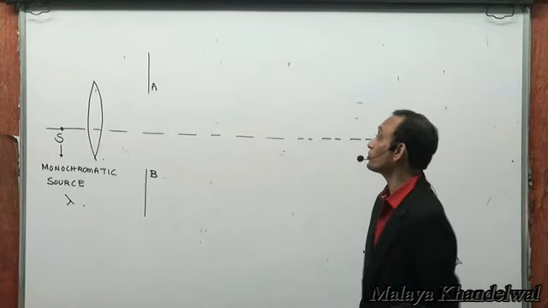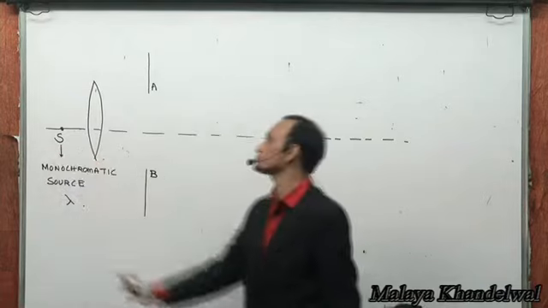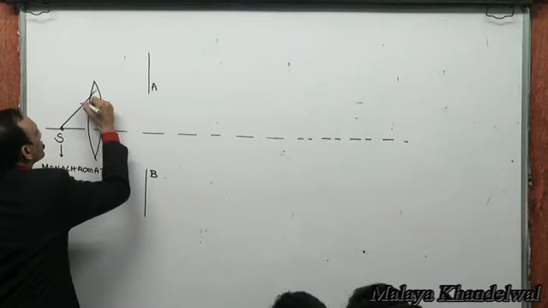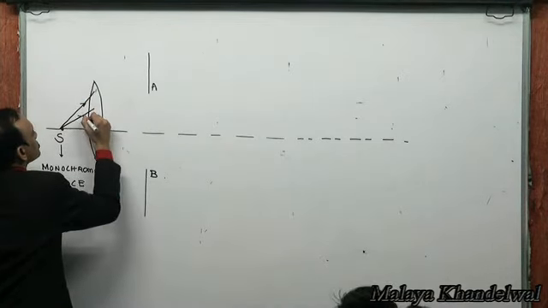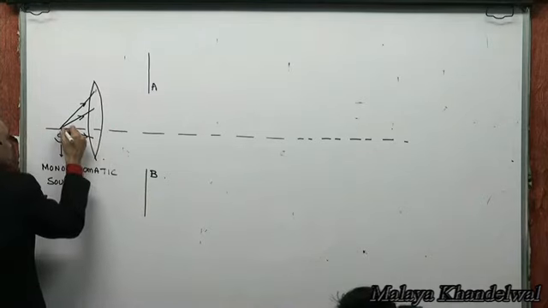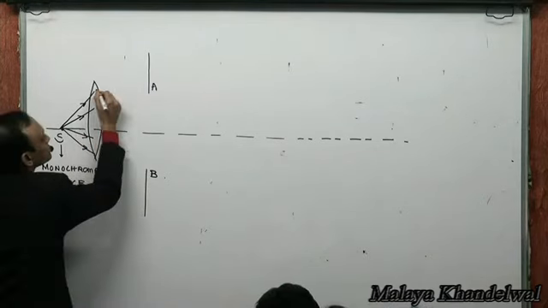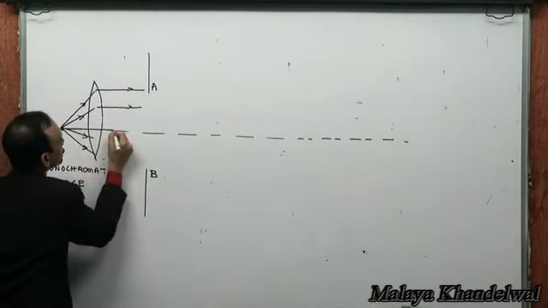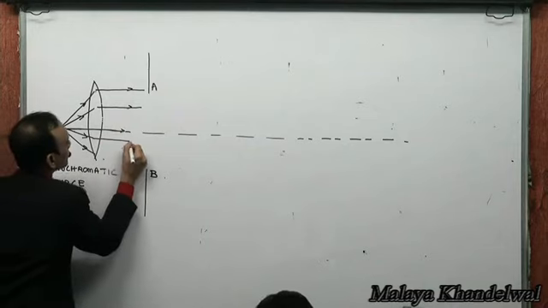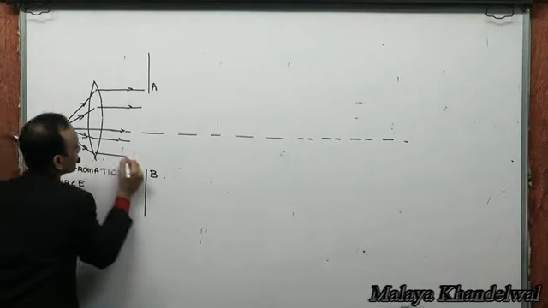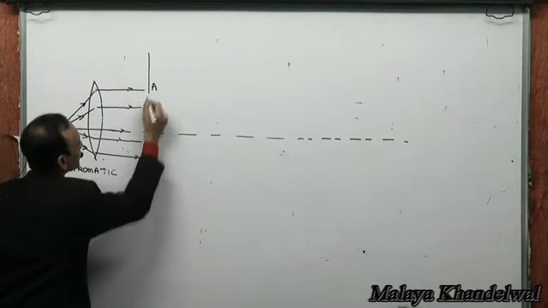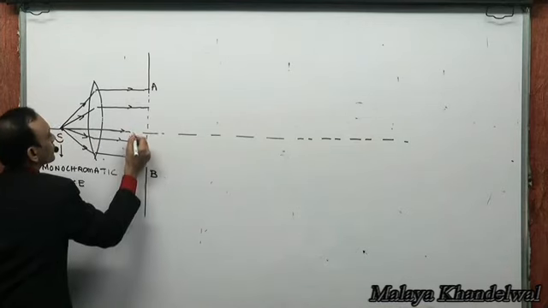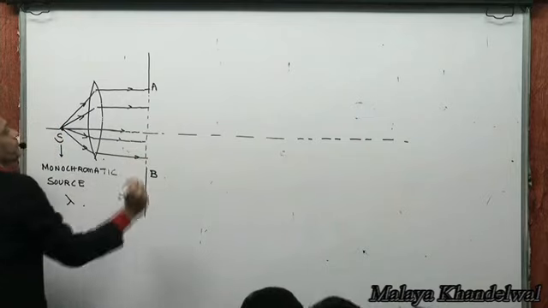A lens whose focus is at S. Which means if rays of light are incident on this lens, then after refraction, they run parallel to the lens. Right?